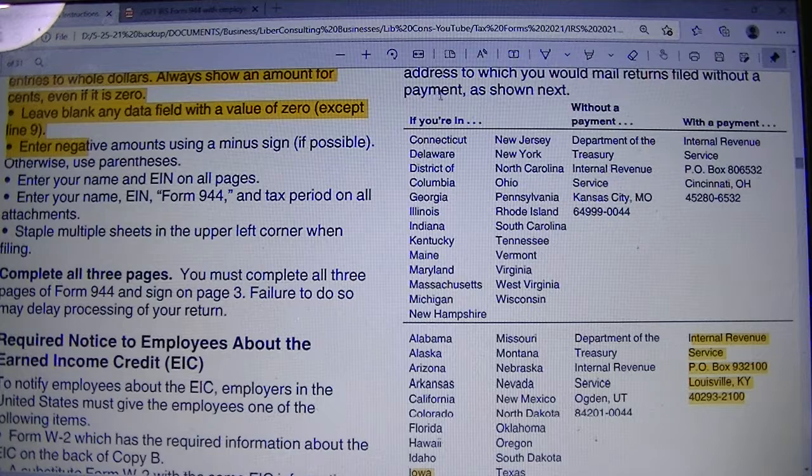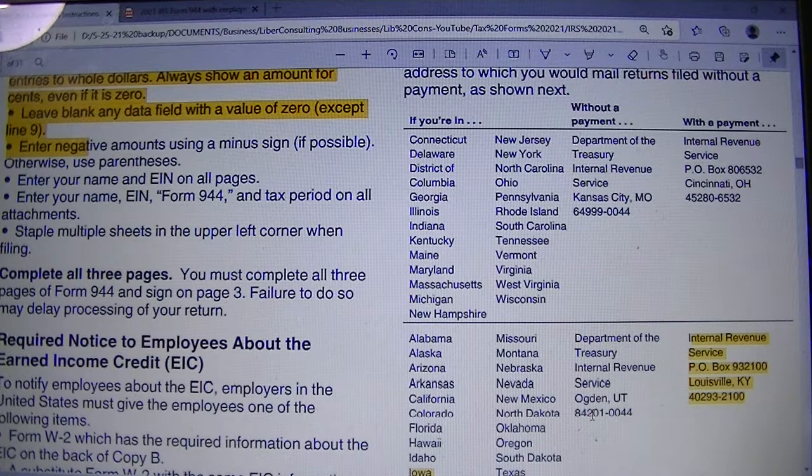You'll first locate your state, and look for the without a payment section, the address that corresponds to your state, and you write that address on the envelope. And that means you are not adding a voucher or check to Form 944.